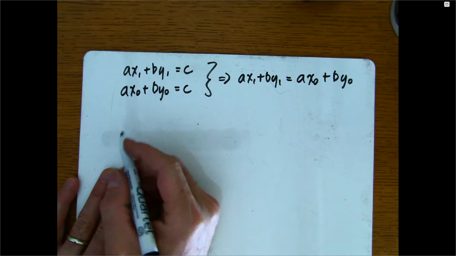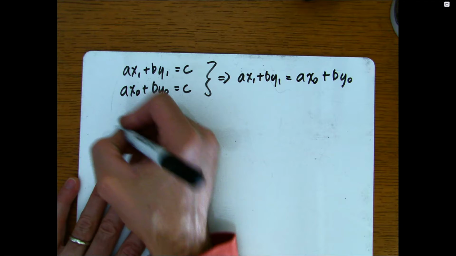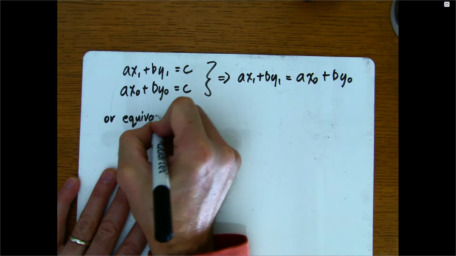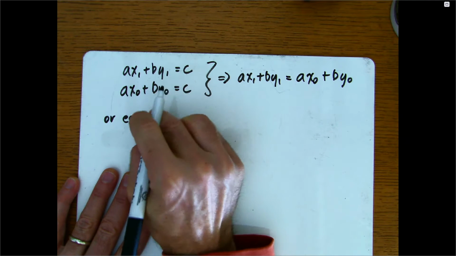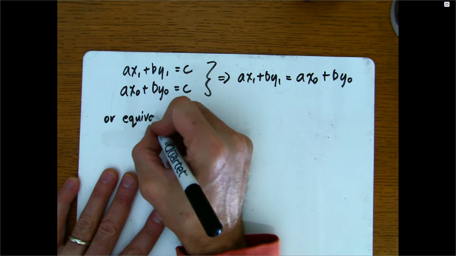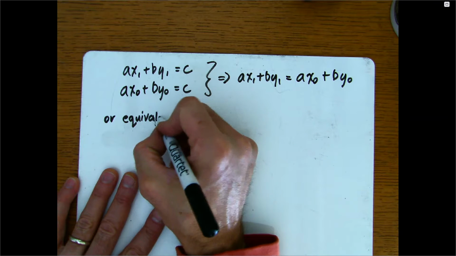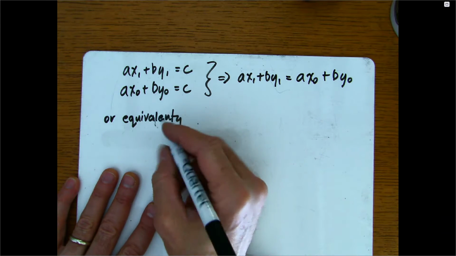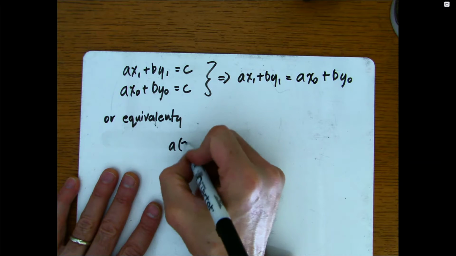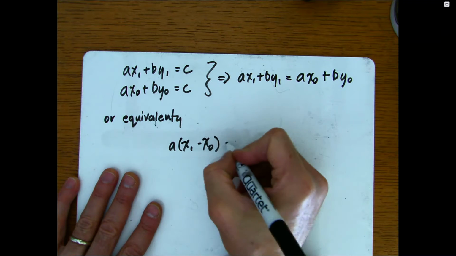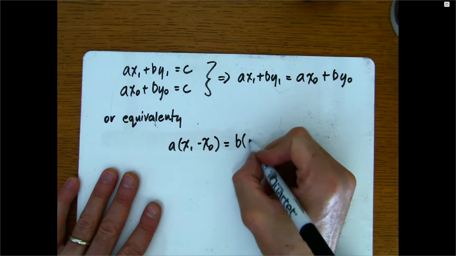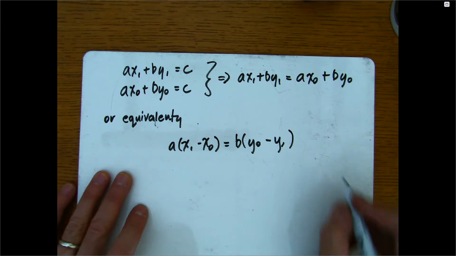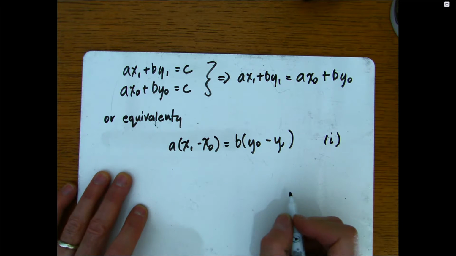So combining like terms and factoring out, we could write this as a times x1 minus x naught is equal to b times y naught minus y1. And we'll call that equation 1 because we're going to be referencing back to it.